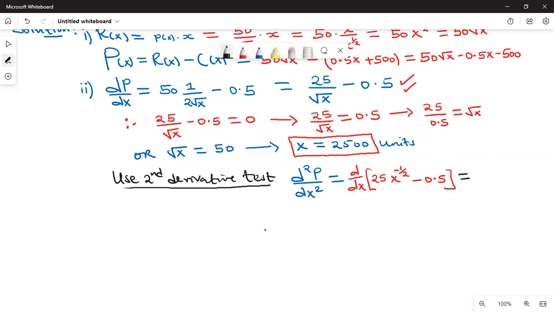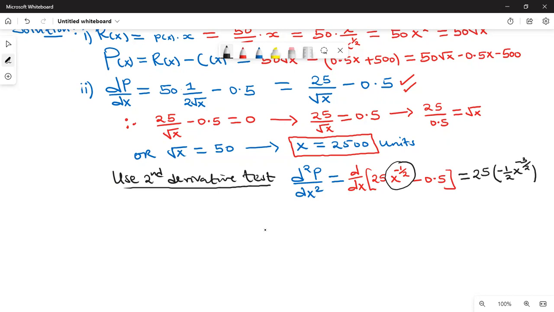When you use the power rule to differentiate x raised to negative 1 over 2, that will give us 25 times negative 1 over 2, then x raised to negative 1 over 2 minus 1, which is negative 3 over 2.